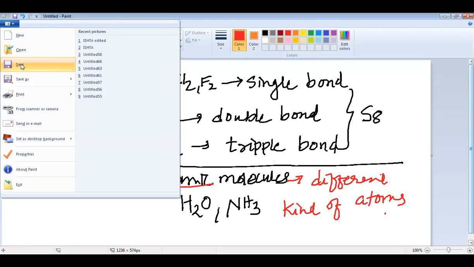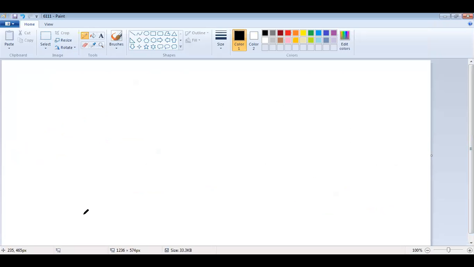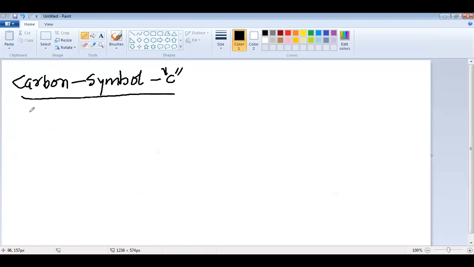carbon and its compounds. So let us study about carbon and its compounds. We should know first that carbon has the symbol C. You should even know that carbon has the electronic configuration 2, 4.